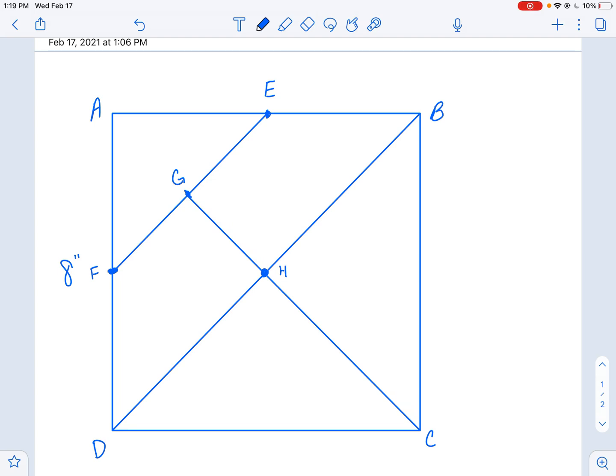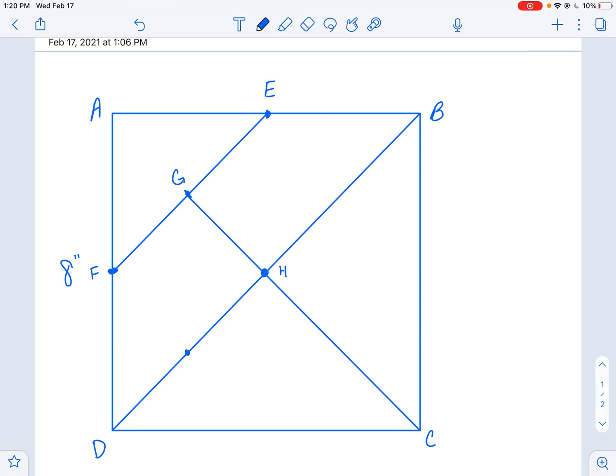On step 9, it says to find the midpoint of HD. So, midpoint of HD, about there.